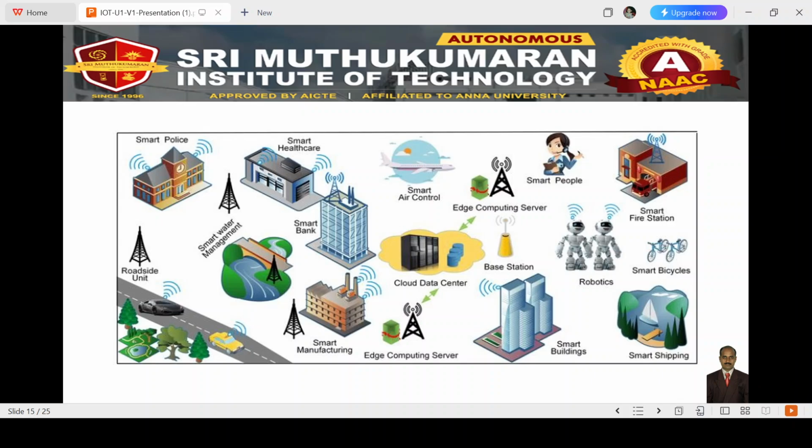And the banking system also is required. The manufacturing sector also requires IoT, and smart shipping as well as robotics plays a major role in IoT. So all this needs a cloud data center. The center of this picture shows the cloud data center, which means servers. Servers are going to store all those data.